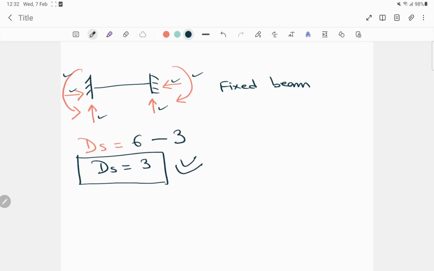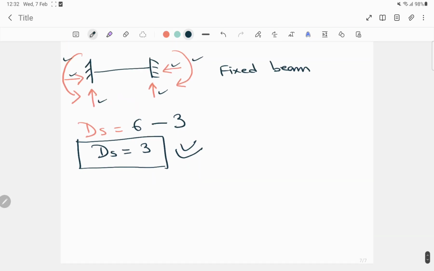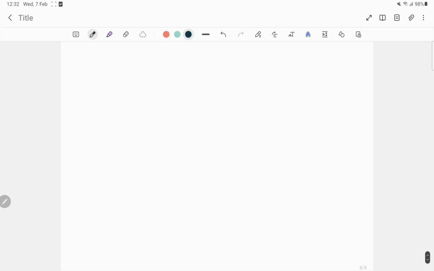Now there are some conditions to check the stability of a structure. How to check the stability of a structure? Stability of structures can be checked by using these conditions.